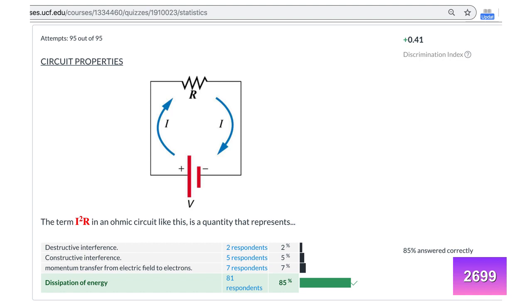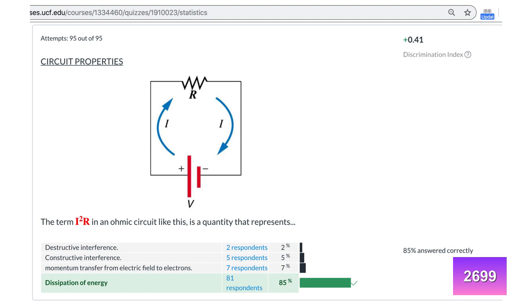So it's bad. All right. Now, some of you got tempted by momentum transfer from electric field to electrons. And that's actually tempting because the electric field does put some momentum into the electrons. You know, they have a drift velocity and so forth.